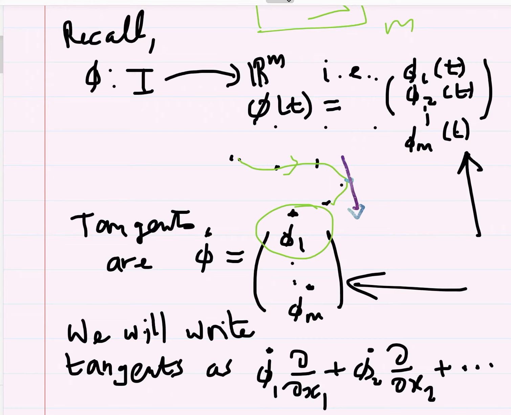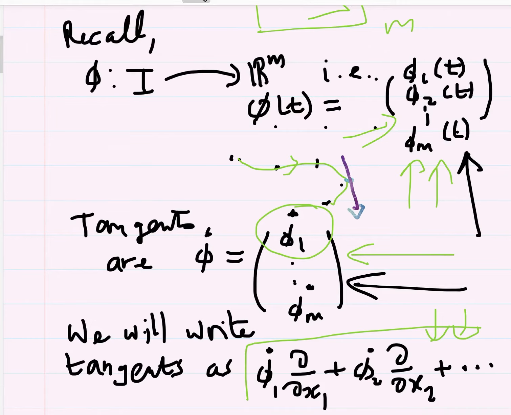So this is an alternative representation of the tangent vector, and that would represent the point on this curve in Rm.